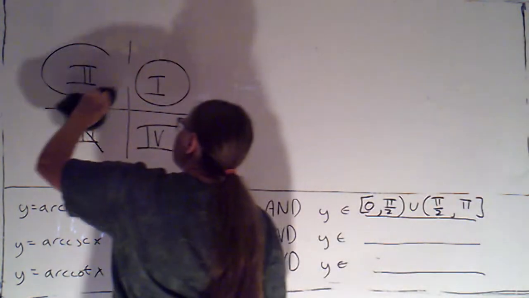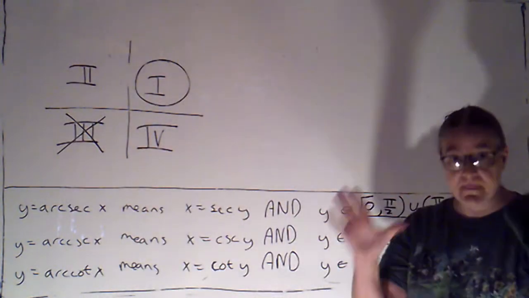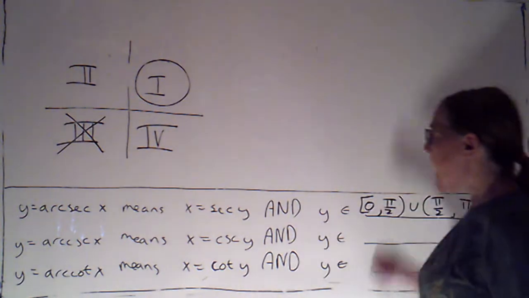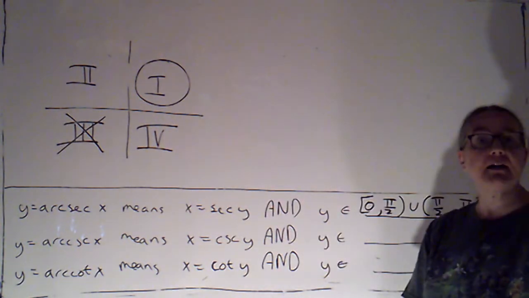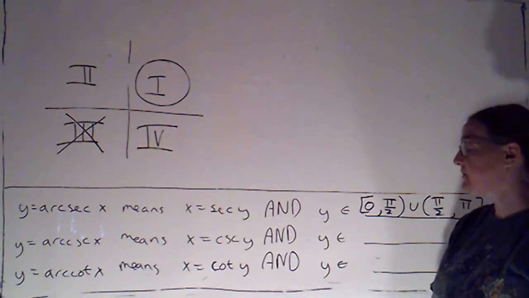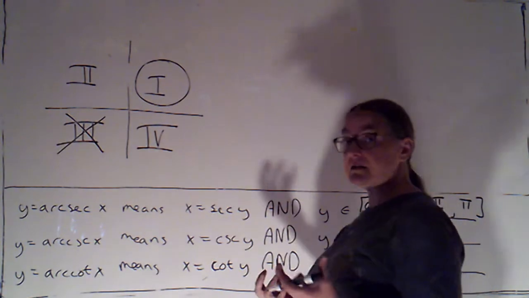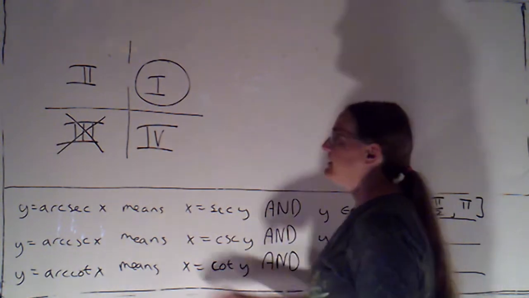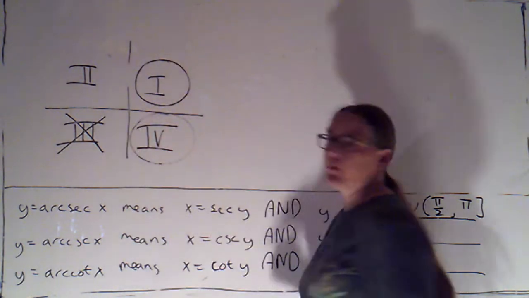So I'm going to erase the circling of 2, but I'm going to keep 1 circled because we always choose it, and I'm going to keep 3 crossed out because with this textbook we never choose it. Okay, so I'm choosing quadrant 1. I need either 2 or 4. I need the one where cosecant would be negative. Well, cosecant's the reciprocal of sine. Sine and cosecant are positive in 2, but negative in 4.